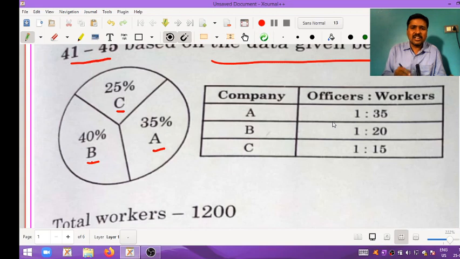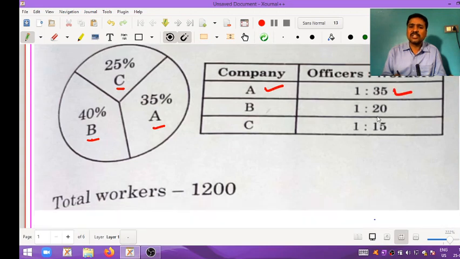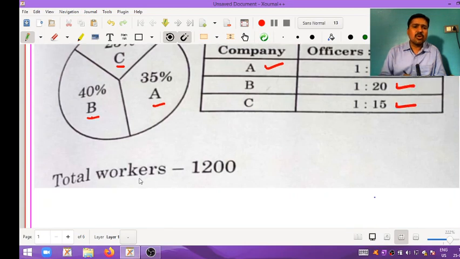The officers and workers ratio is given: company A, 1 is to 35; company B, 1 is to 30; and company C, 1 is to 15. Moreover, total workers 1200 is given.